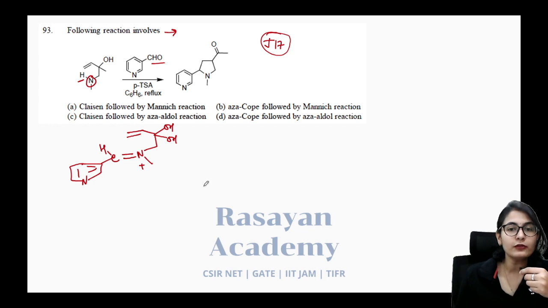Okay, followed by, now what are you going to do? You have formed the iminium ion, right? And what are you going to do? The iminium ion is like a 1,5 diene: 1, 2, 3, 4, and 5. Yes, I've written 2 OH. So you can do a 3,3 sigmatropic rearrangement in this way.